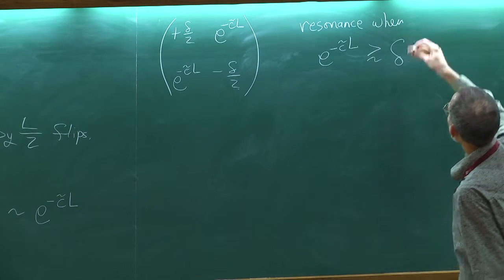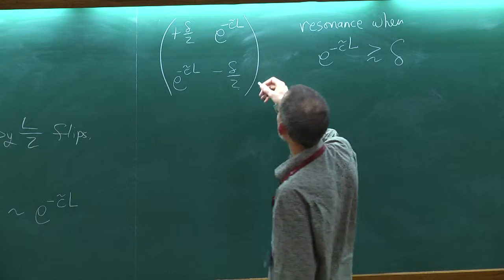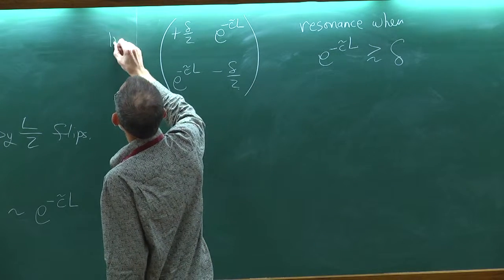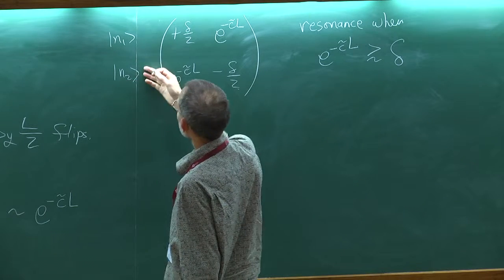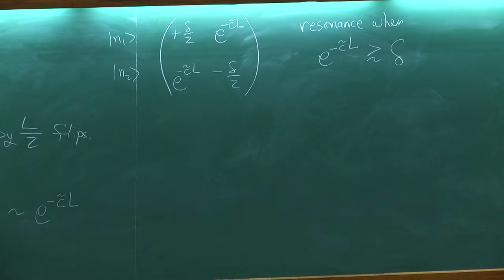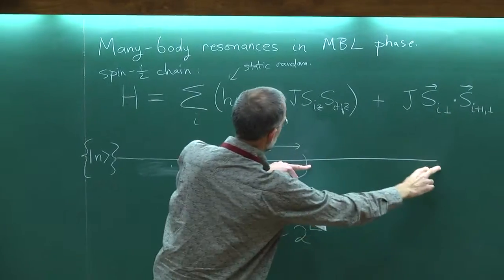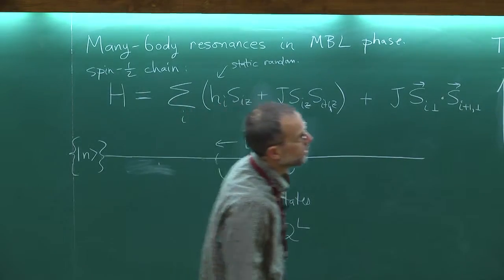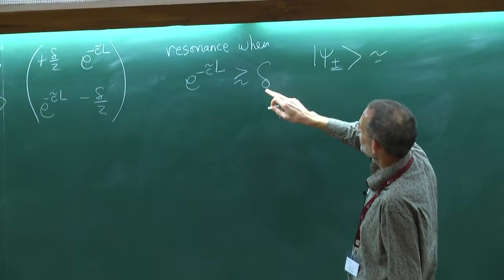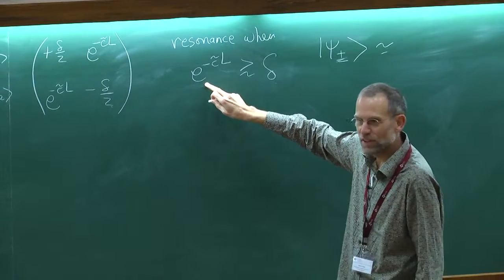Okay. So when this is true, let's just call these two spin patterns N1 and N2, right? So these are two spin patterns which are exactly the same over here, exactly the same over here, but in this interval, they correspond to different spin patterns. This is a resonance, meaning the level spacing is small compared to the coupling.